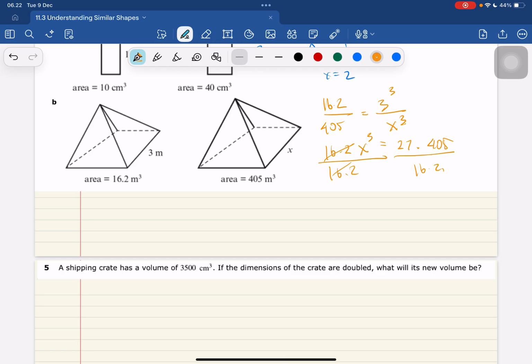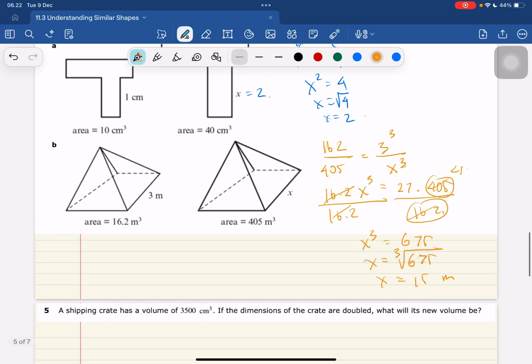Okay, so this is going to be 25. So x cubed equals 25 multiplied by 27, which is 675. So x equals the cube root of 675, which is x equals 15 meters. Here also 2 centimeters.